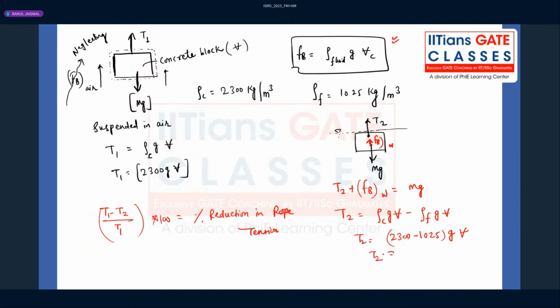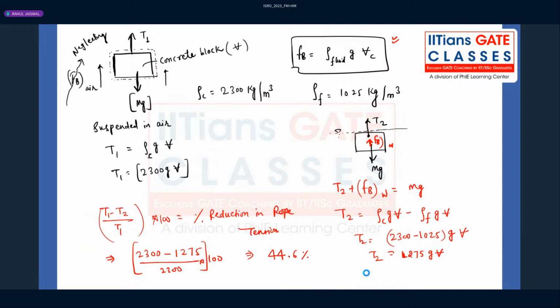If you calculate T2, you will get 2300 minus 1025, so 1275 g into V. Now put that value: (2300 minus 1275) divided by 2300 into 100. When you calculate, you will get 44.6 percent. That much reduction will happen.